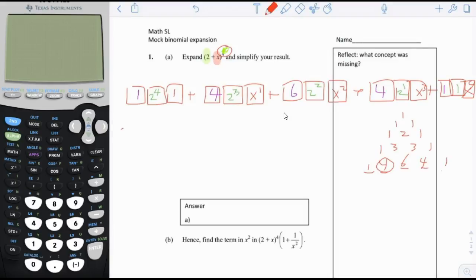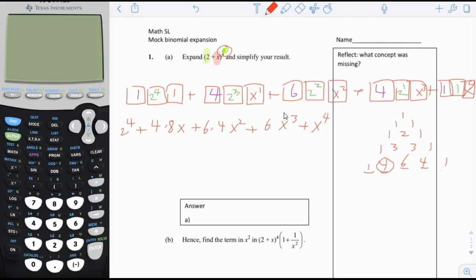Okay. So we're going to have 2 to the 4th plus 4 times 2 to the 3rd, which is 8, x, plus 6 times 4, x squared, plus 4 times 2, which is 8... plus 4x cubed, plus 1 times x to the 4th.